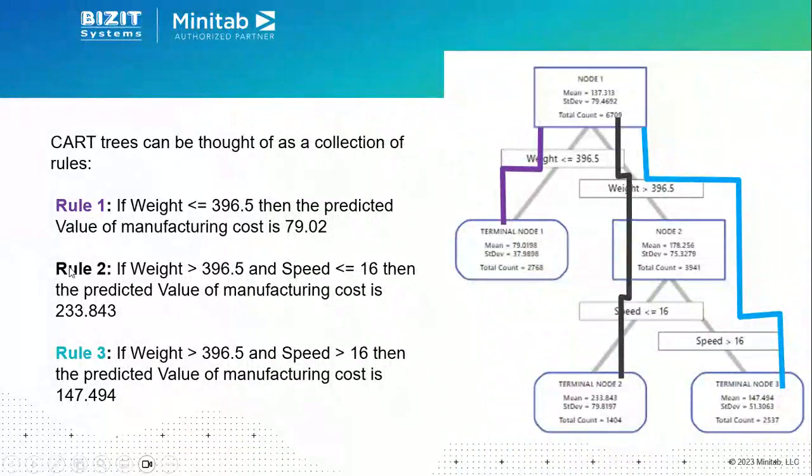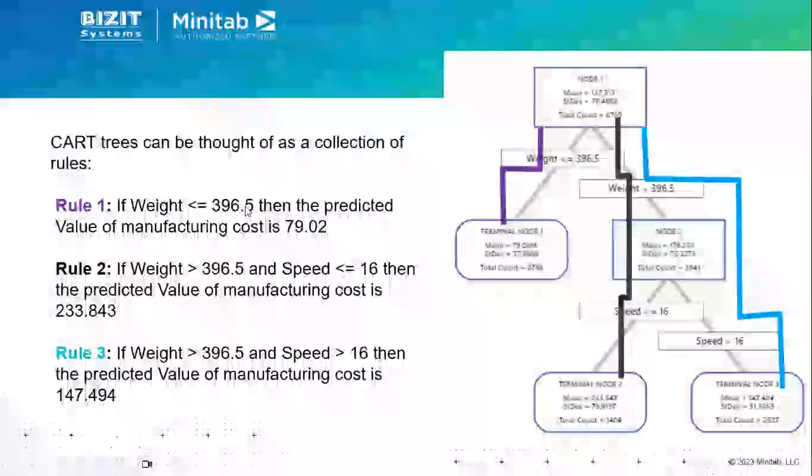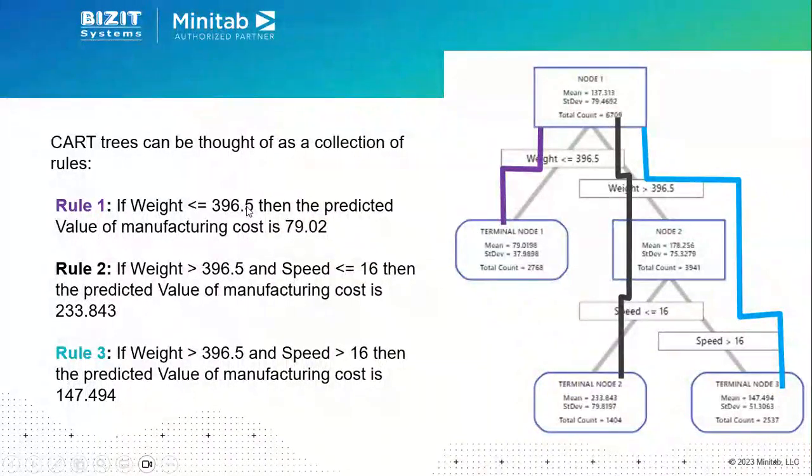If you want to look for the lowest number, it is just from the weight being less than 396.5. So this is how you can get the decision rules, or business rules, for your company, or make decisions based on this terminal node.